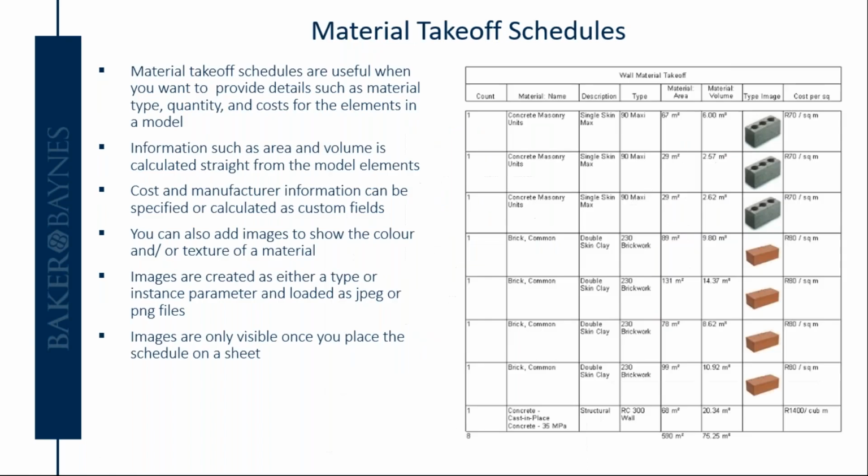The first one to talk about is the material takeoffs. This is useful when you want to provide details such as the material type, the quantity, and the cost for the materials in the model.